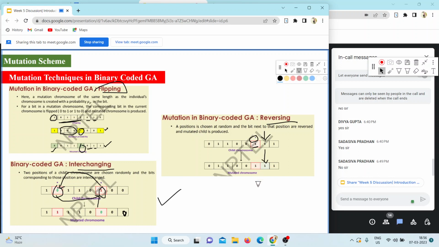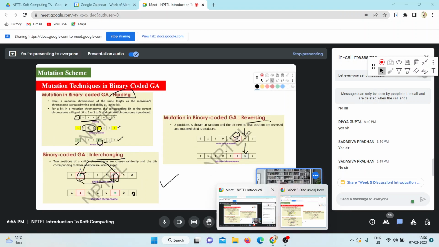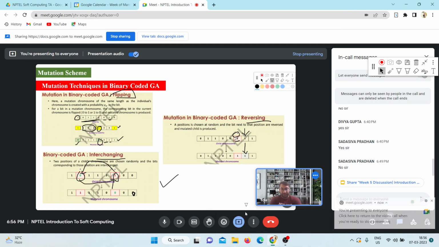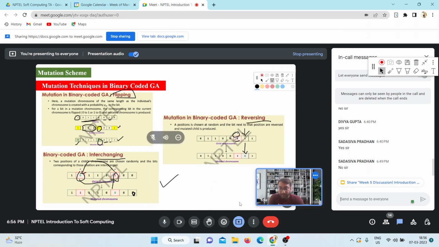Okay, is this clear to all of you? Is this thing clear to all of you?